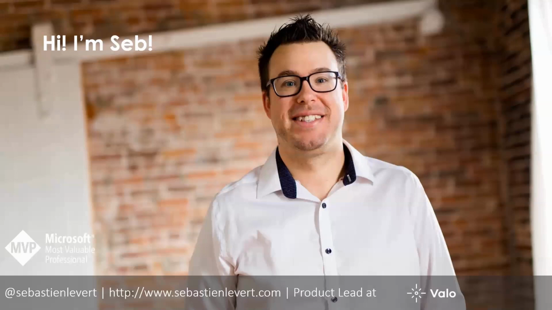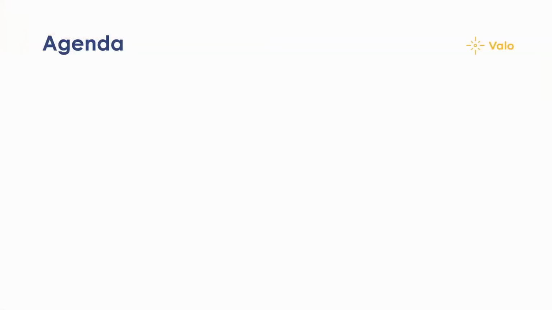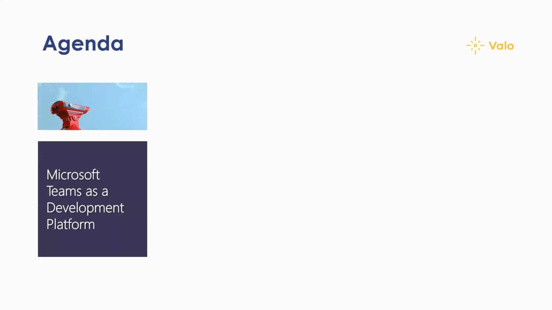Sounds good. So what's our agenda today? How are we going to go through this SharePoint framework story altogether? First, we are going to talk about Microsoft Teams as a development platform. What does it mean? What are the different artifacts that you can utilize in Microsoft Teams to build custom solutions? Especially in these times, you might be using Microsoft Teams heavily, but how can we customize it?